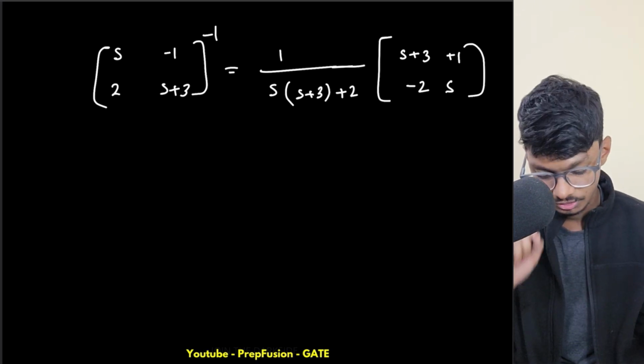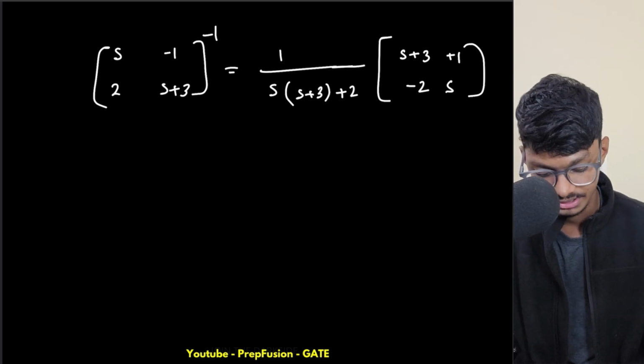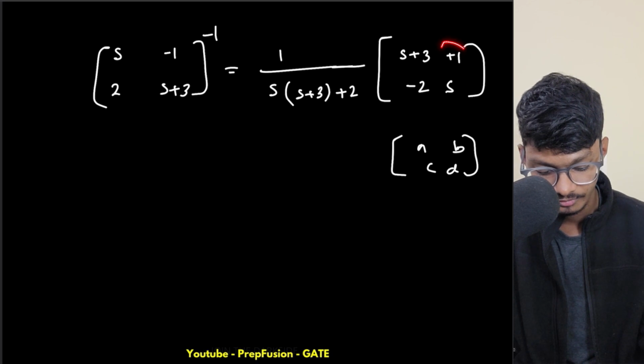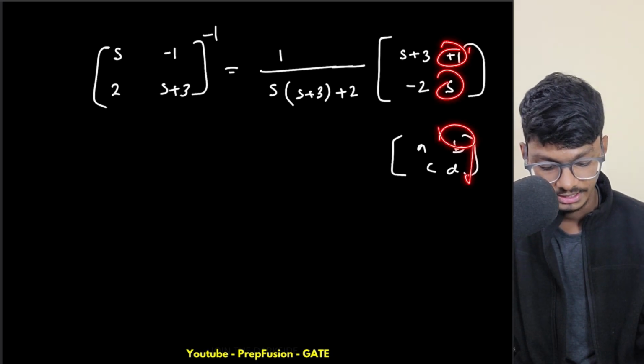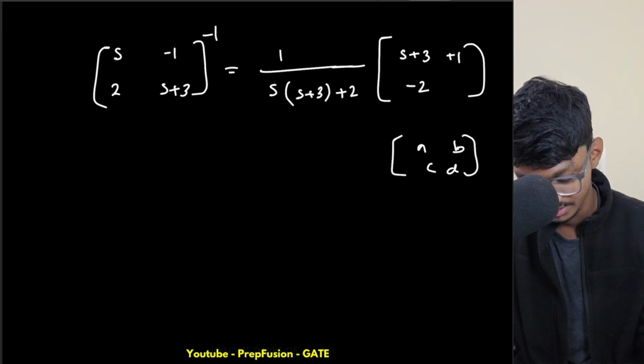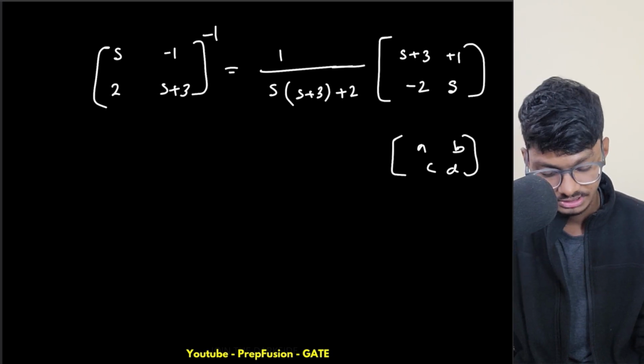Now what elements do you need? You get this with A B C D. Here we have B is 1 and D is S. This is S, don't confuse it with 5. So B is plus 1.